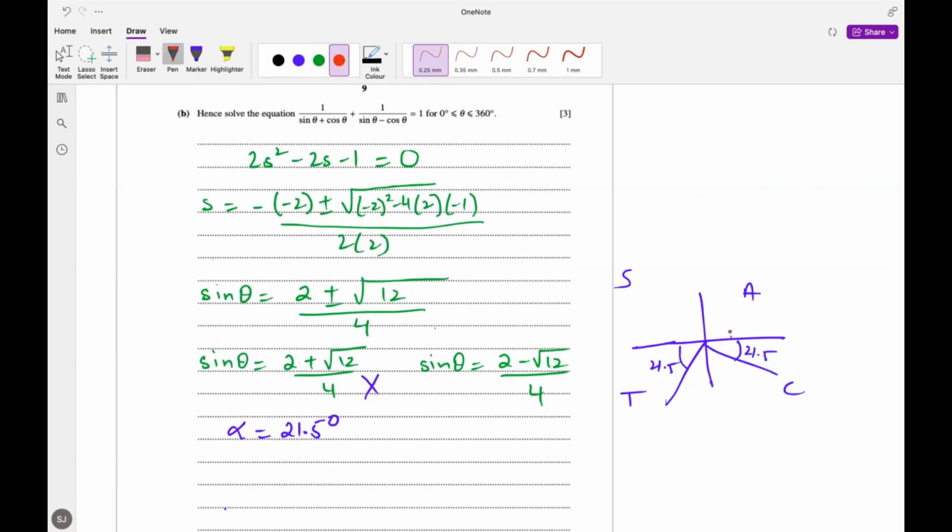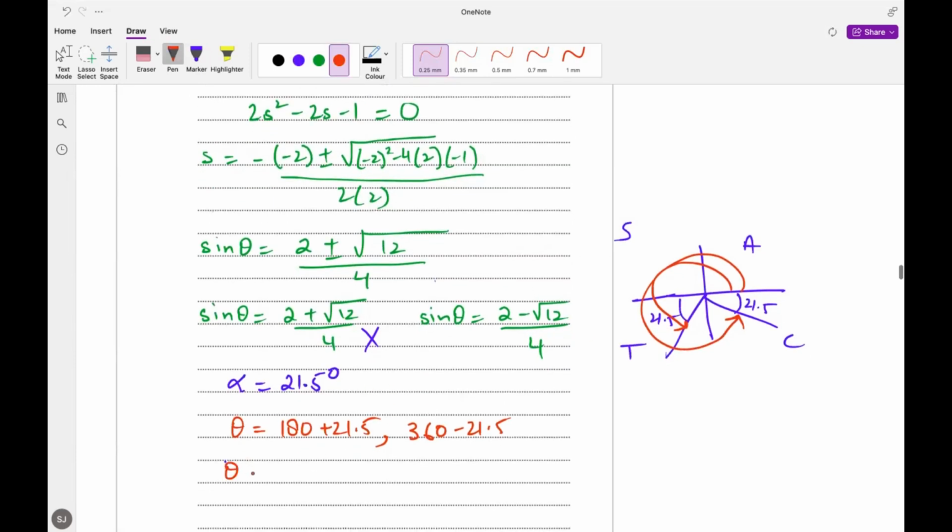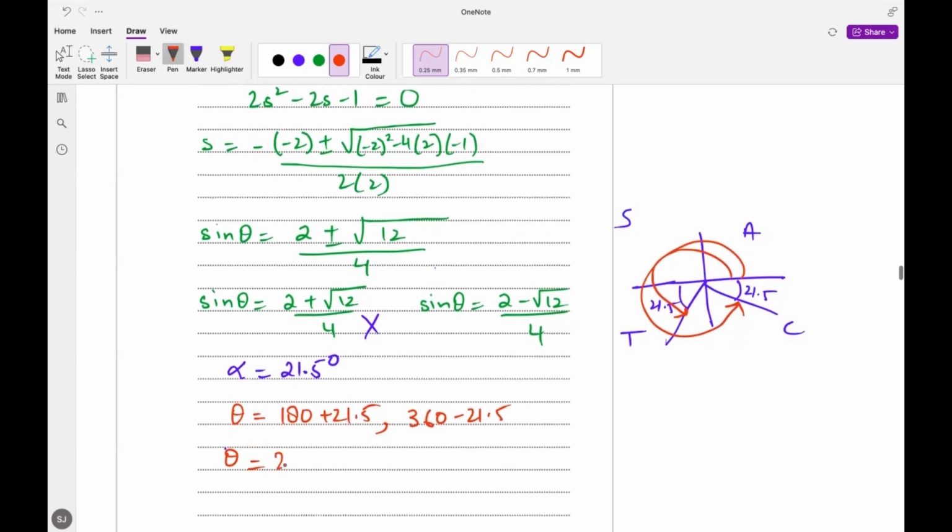The angle for sine will be 180 plus 21.5, and this will be 360 minus 21.5. As this value was negative, we'll be getting theta in the negative quadrants of sine. So theta will be equal to 201.5, and 360 minus 21.5 will be 338.5 degrees.